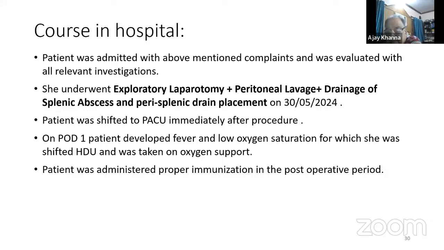Now, when you are doing a splenectomy, what are the various ways to carry it out? We can go for an open splenectomy or a laparoscopic splenectomy. Tell about the open splenectomy.